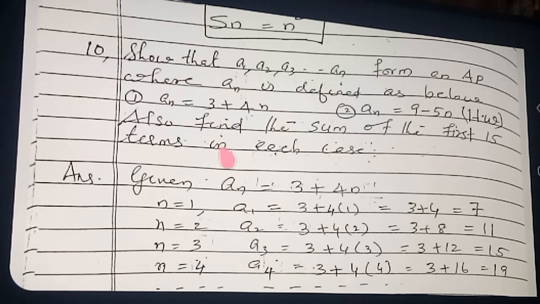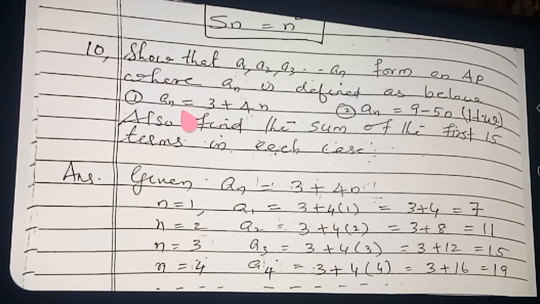So first what will you find out? A1, A2, A3, A4. How to find A1? Already you know An. In the place of n, giving 1, you will get A1. An is the nth term.